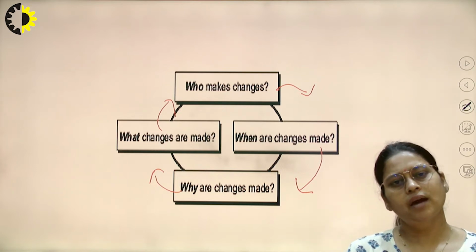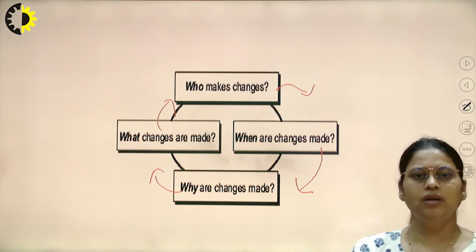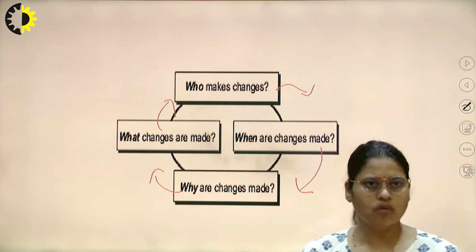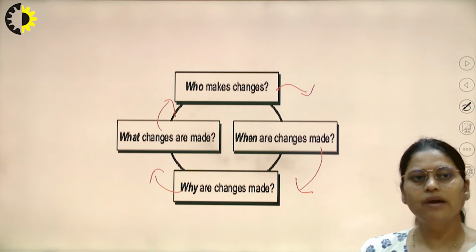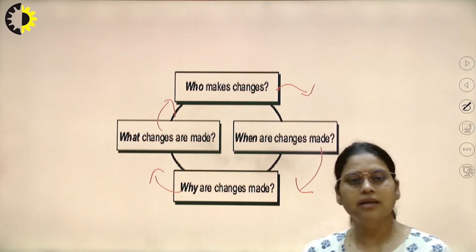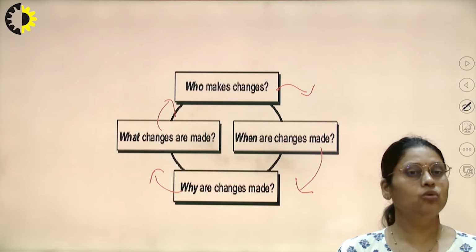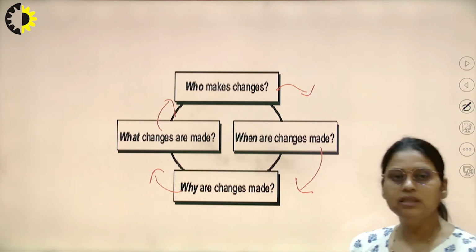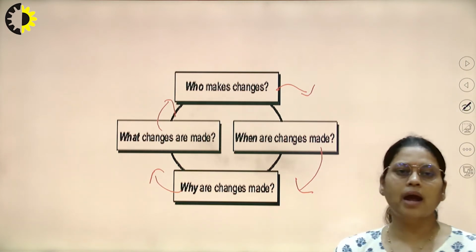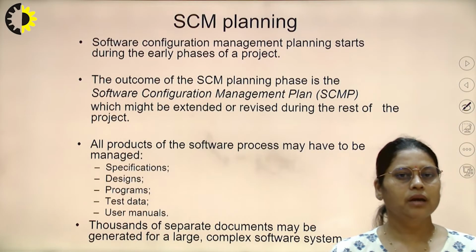First of all, we have to know who the developers are who will make changes in the existing software, when the changes are done, why there is a need of changes, and what changes we have to do. We have to track and maintain all these records during SCM.